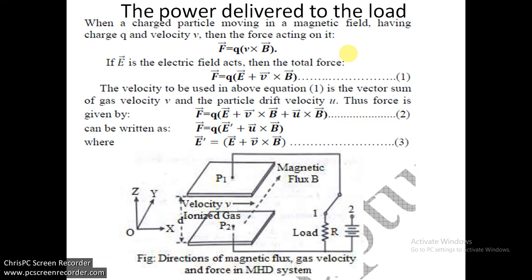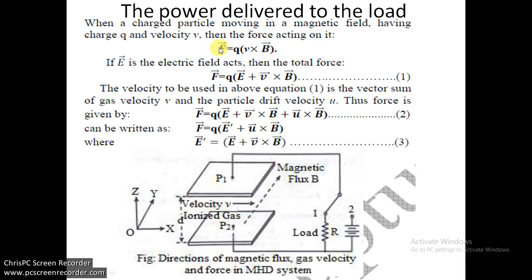So not actual calculation, because so many assumptions are made before starting the analysis. Here we can see whenever a charged particle is moving in a magnetic field with a velocity v, it experiences some force, as many electromagnetic field laws say.